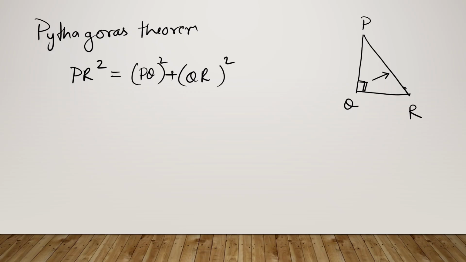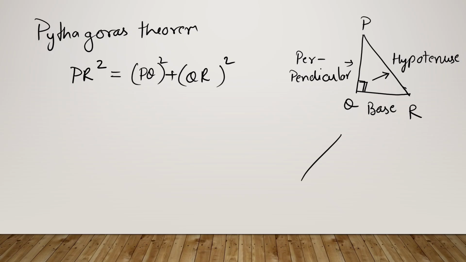We can also name them. The longest side will be the hypotenuse. It will always be the same. Then this will be the base, and this will be called the perpendicular. If I draw the triangle like this, it doesn't matter; the side in front of the 90 degree angle will always be the hypotenuse.